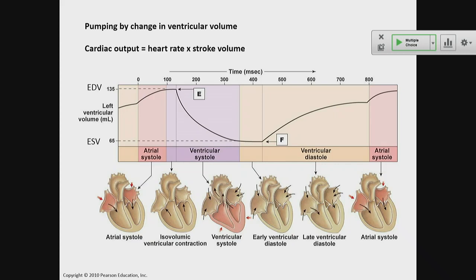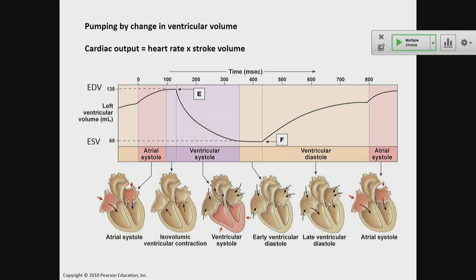Before the ventricle contracts, it's fully filled, and full filling of the ventricle corresponds to a volume of about 135 milliliters.